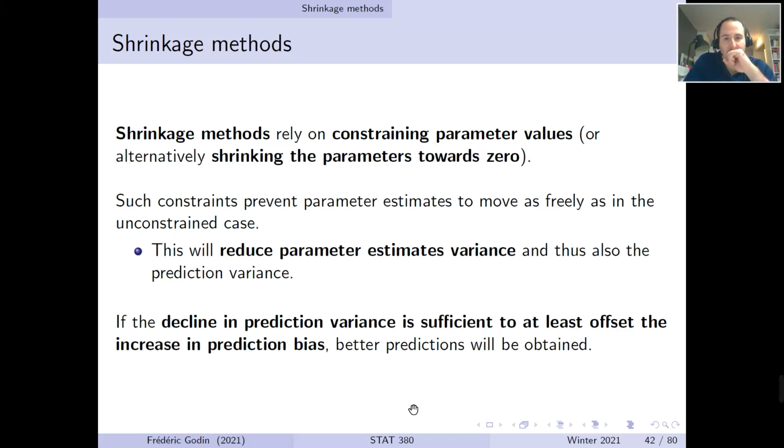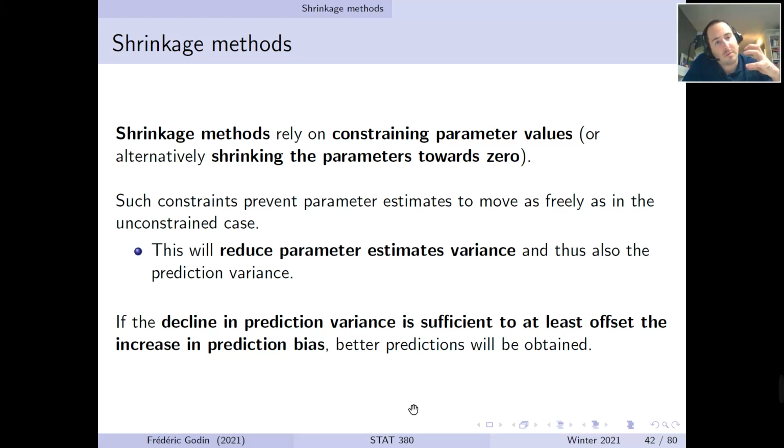So the idea in shrinkage methods is that we're going to impose constraints on parameter values, or alternatively, we're going to try to shrink the parameters towards zero. When we apply a linear regression, the parameters are free to move as they want, as long as they minimize the prediction errors in the training set.